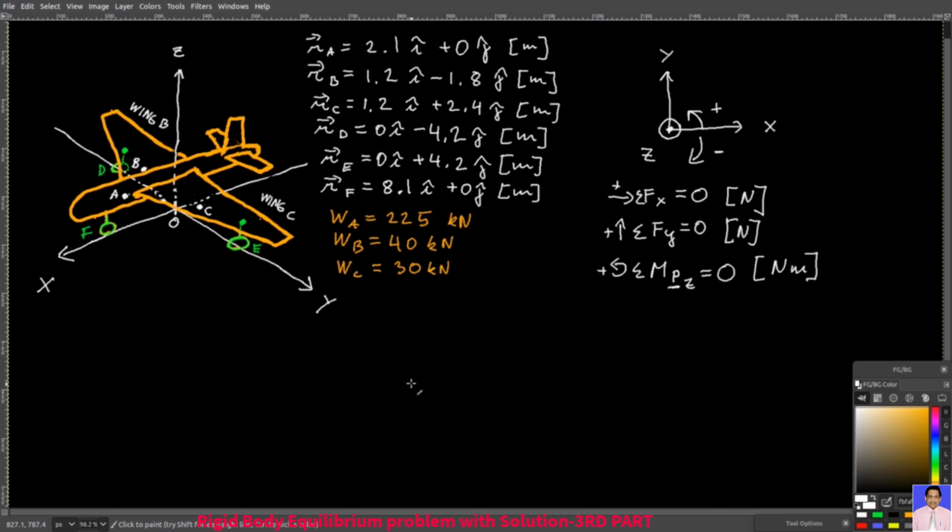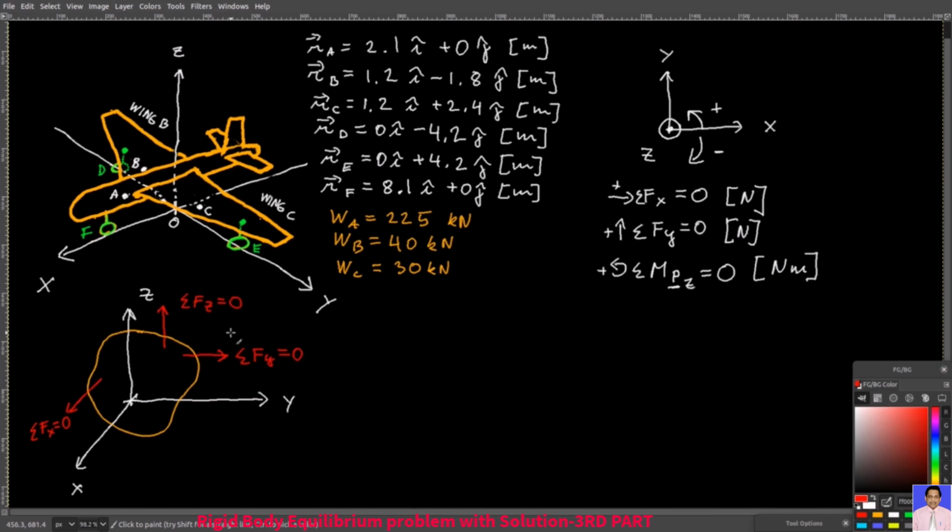And so you ended up with 3 equations, and if you had 3 unknowns, you could solve for them. In 3D, the logic is the same. You start with a free body diagram, and then the sum of all the forces in all the directions, and then the sum of all the moments in all the directions, they all had to be 0. The only difference is that now you have more of them. You have to consider forces and moments in the x, y, and z directions.